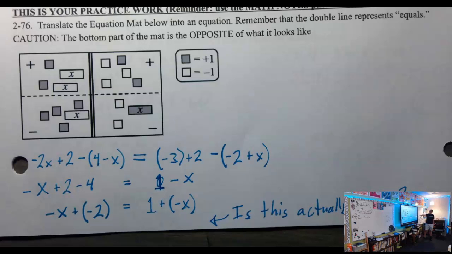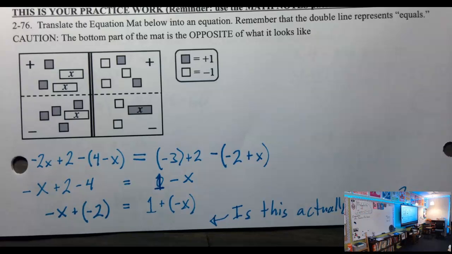If you canceled out a couple things like these, that's okay, but we have to get used to writing out the algebra, which we're going to practice more today. If it says make it into an equation, we have to write things out. You can do some of the canceling manually, but you still need to write things out with x's and numbers, because I gotta see that you know how that makes sense.